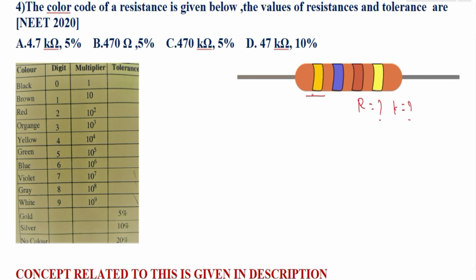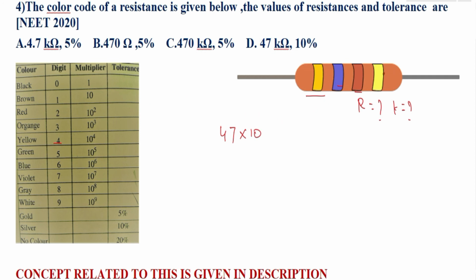If you observe, the color of first band is yellow. That means your first digit of your resistance value will be 4. Then the color of second band is violet, that is your second digit, that is 7. Then the color of third band is brown, that is your multiplier, 10.